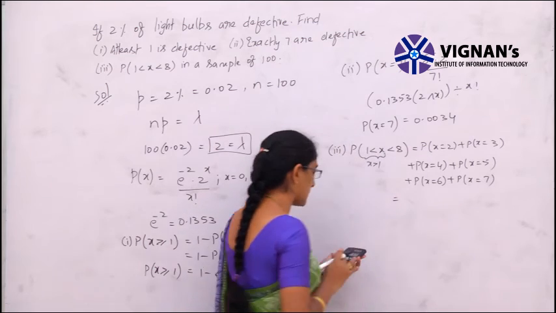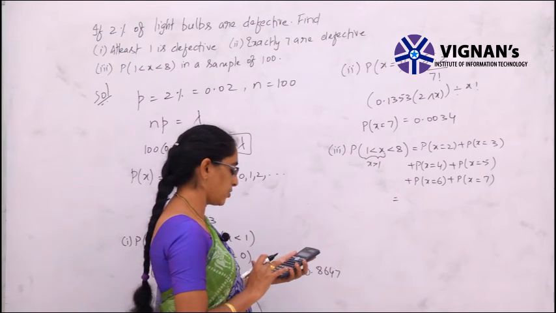Now, again use the calci. Press the CALC key and give the value 2.